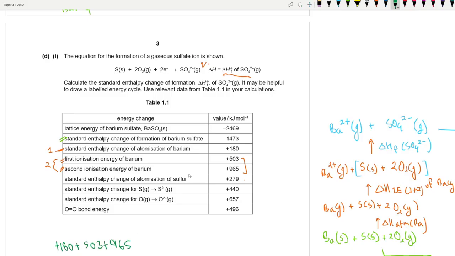Then we are going to form the sulfate anion, which we don't know, plus del HF sulfate, right? Then we have the lattice enthalpy of barium sulfate, which is -2469, and that is actually equal to the enthalpy of formation, which happens to be -1473.